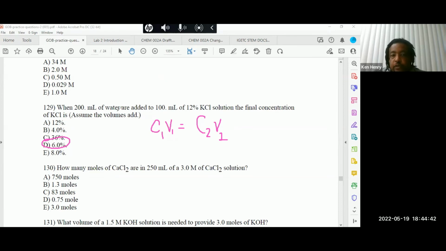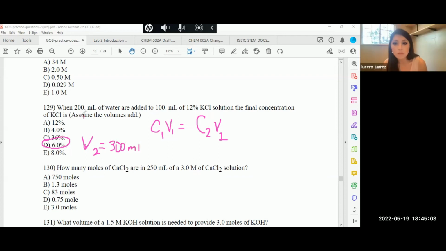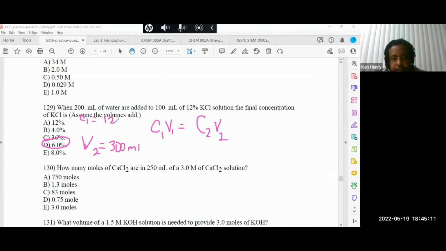So when we add 200 mils of water, right? So altogether we have 300 mils, right? So what we would do is we'd say our V2 equals a total of 300 mils. C1 equals 12%.